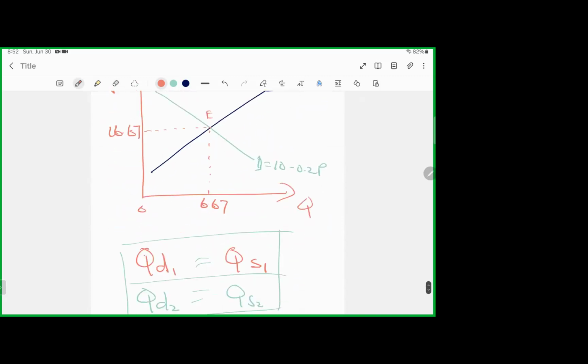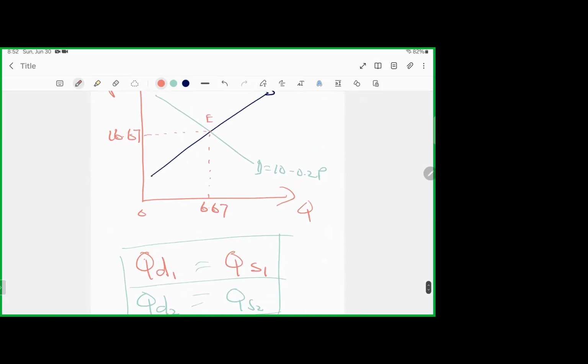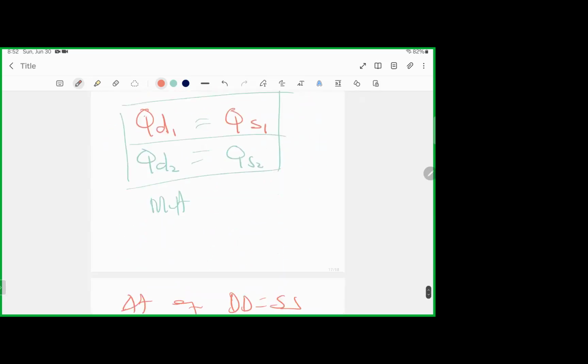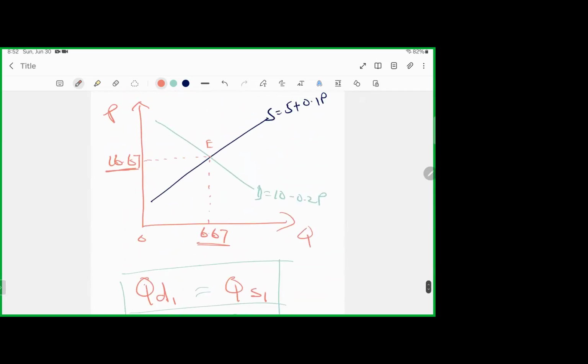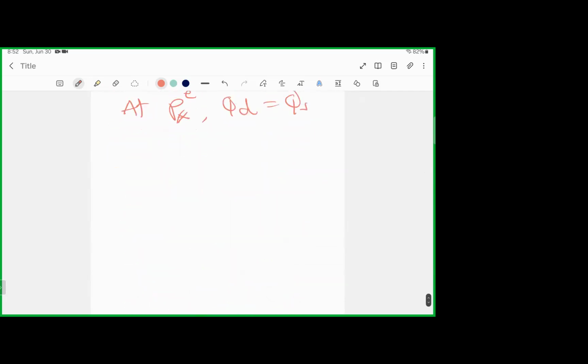Remember, we had the equilibrium here, with 16.67 as the equilibrium price, and we inserted this particular price into the demand equation to get the equilibrium quantity. Now, if you still want, you can put it into the supply equation.